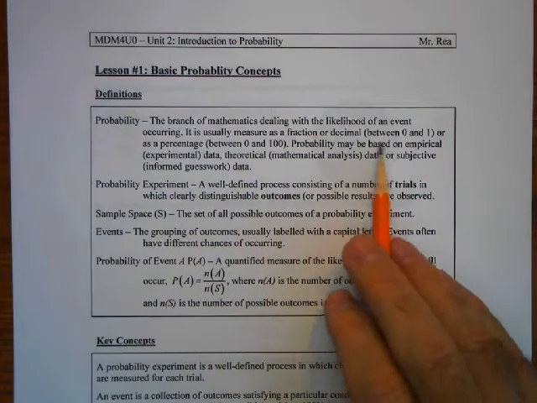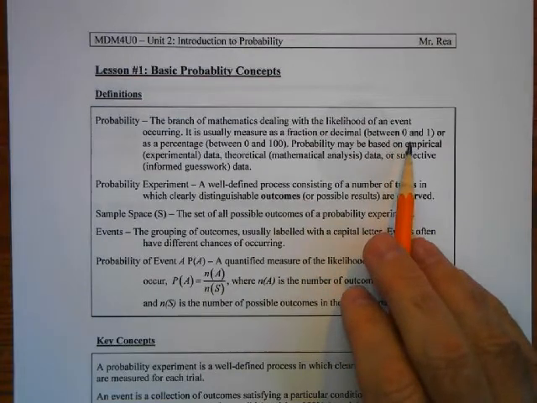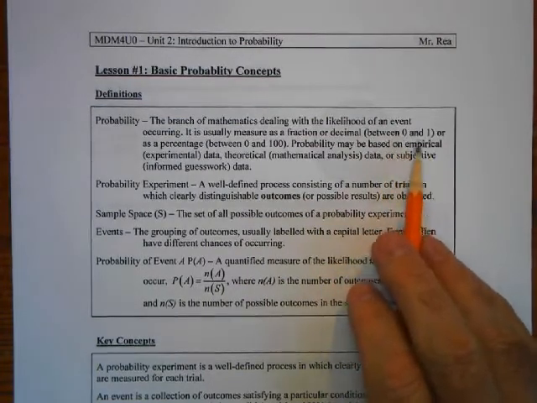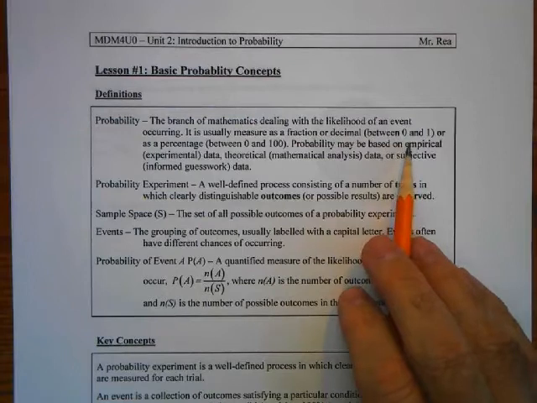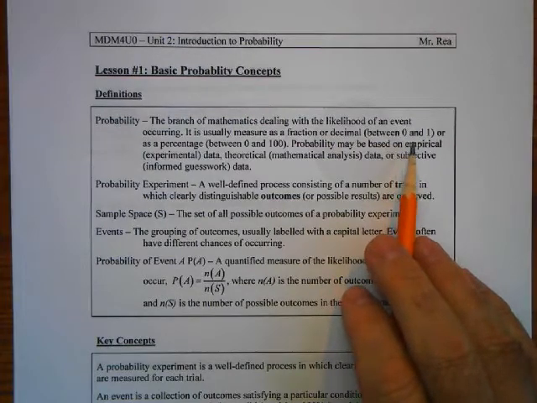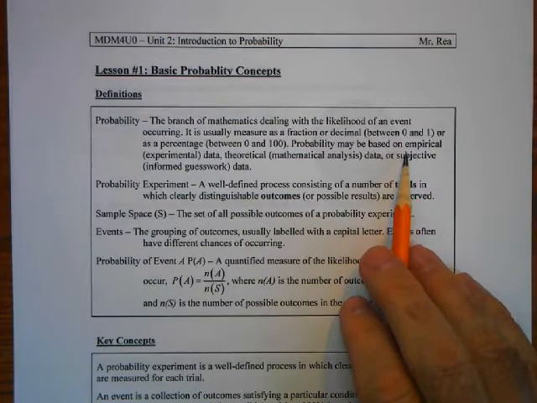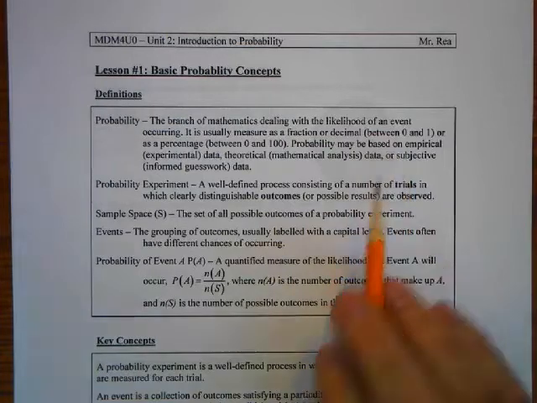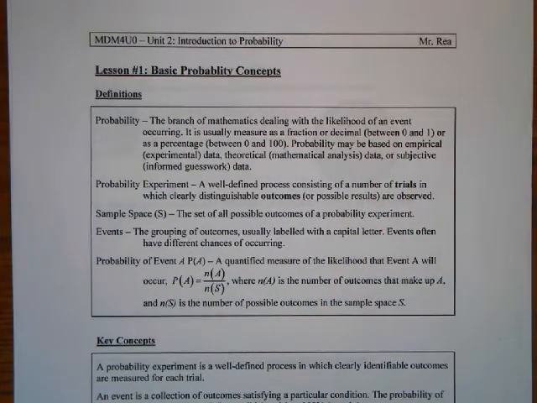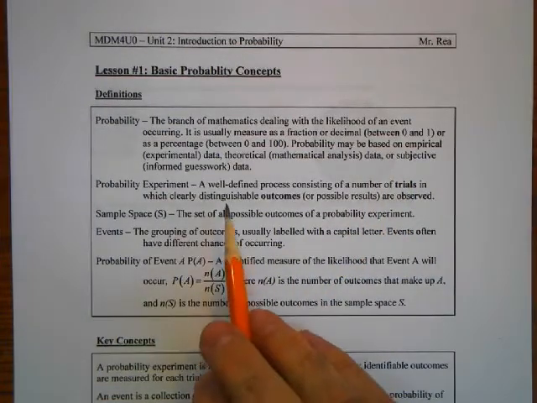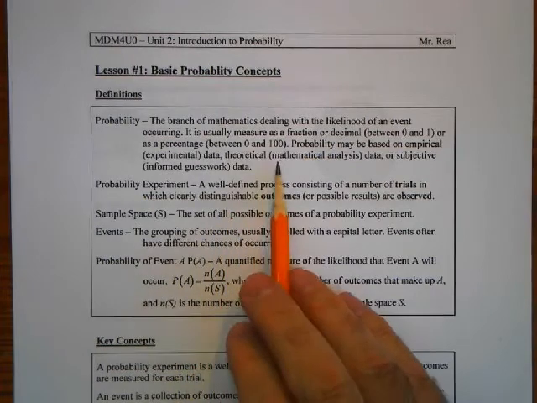So, as a decimal, the value will be between 0 and 1, and you're going to include some decimal points there as well. So, for example, a probability of 0.75 is the same as saying there's a 75% likelihood of that happening. When we do a lot of our calculations, we will get a fraction, like 9/16 or something like that.